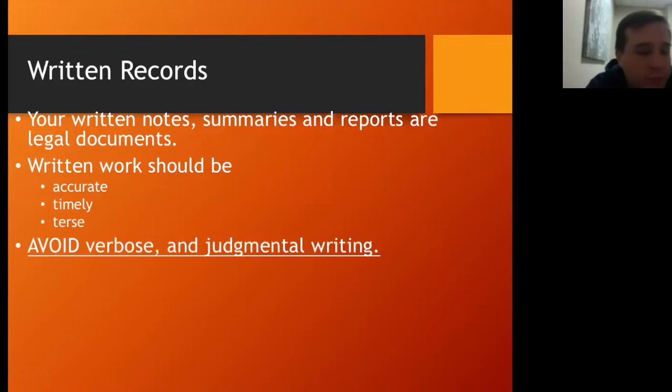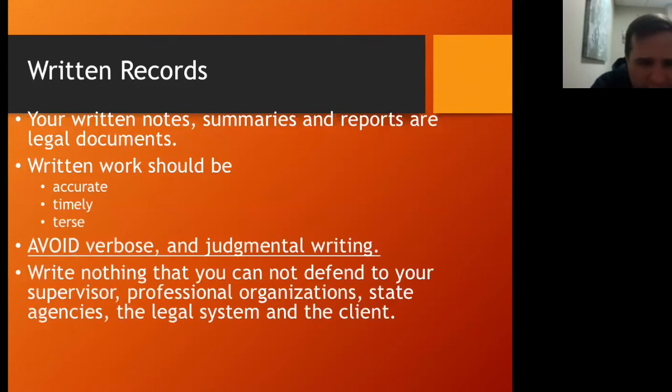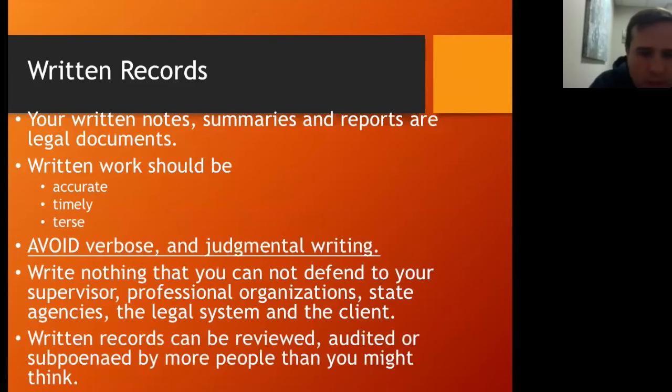You don't want there to be so much information there that people can use it against them, right? So you don't want to be judgmental. You want to avoid big, long descriptions of things. You want to keep it short and sweet. You would write nothing that you cannot defend to your supervisor, professional organizations, state agencies, or the legal system of the client. Right? And again, they can be all of those things.